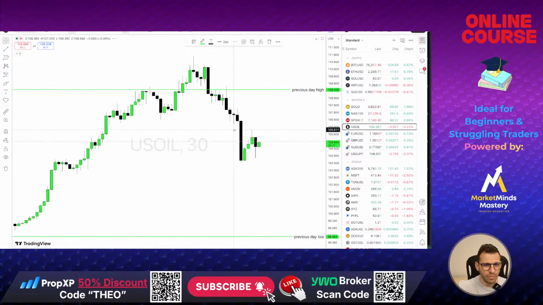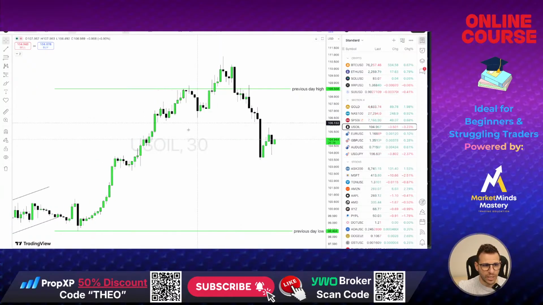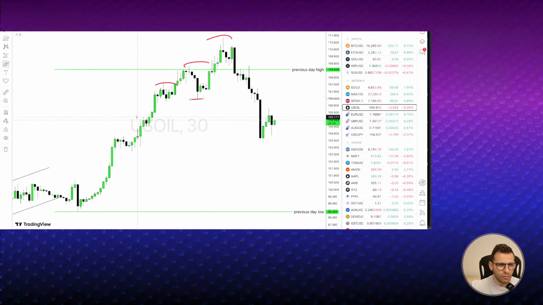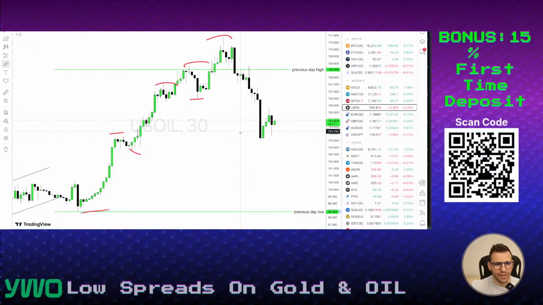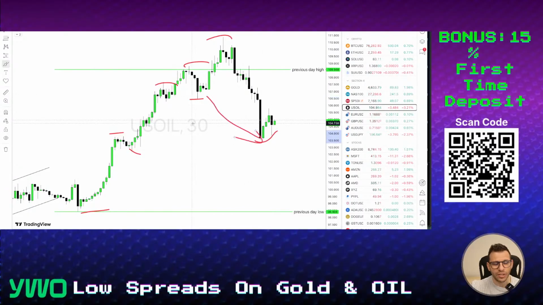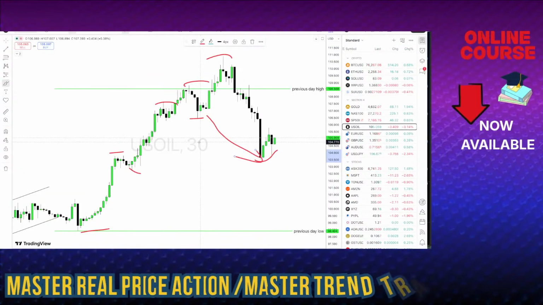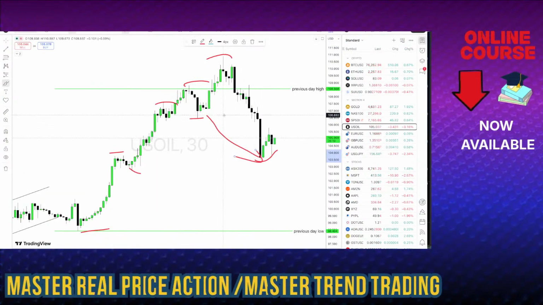Then on the 30-minute time frame, obviously the market changed structure. So this higher high formation ended, and now we hit it with the first lower low, which is a strong indication that the market might gonna move downwards, at least for the time being.